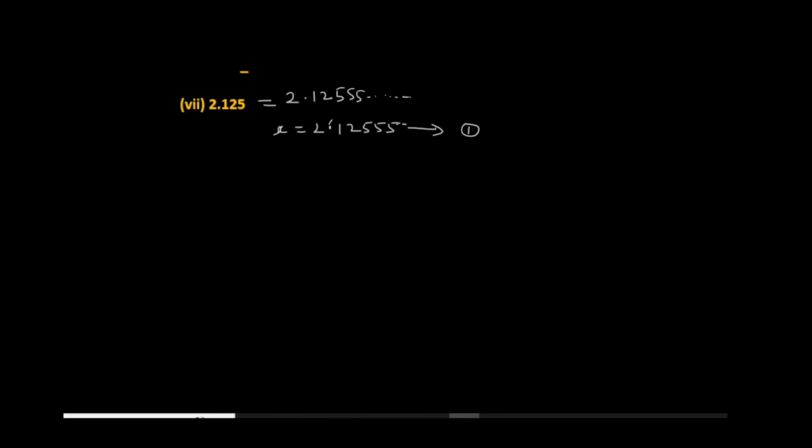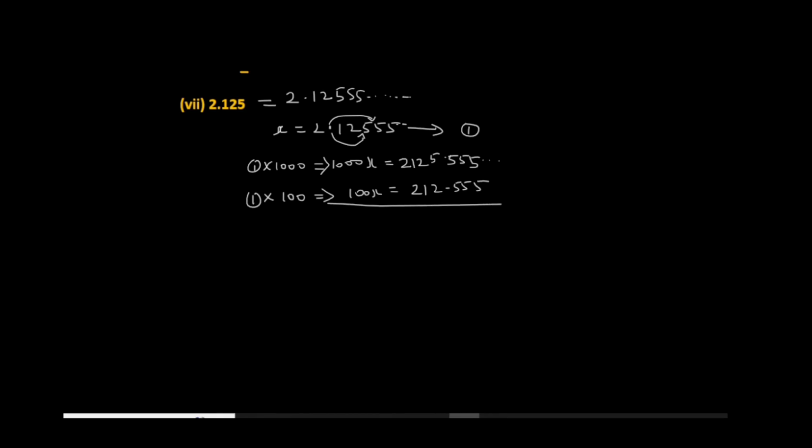Now we need to move the decimal here, three digits, and here, two digits. So 1 into 3 digits means 1000. So 1000x is equal to 2125.5555 etc. And the first equation into two decimals means with 100. So 100x is equal to 212.555. Now we arranged our decimals.